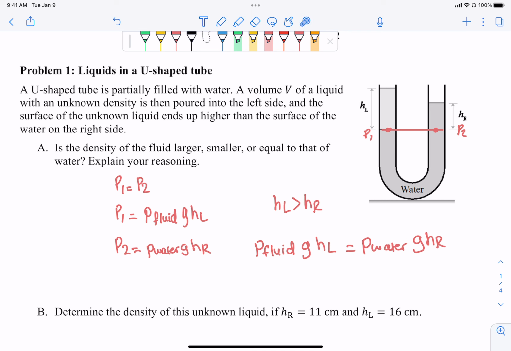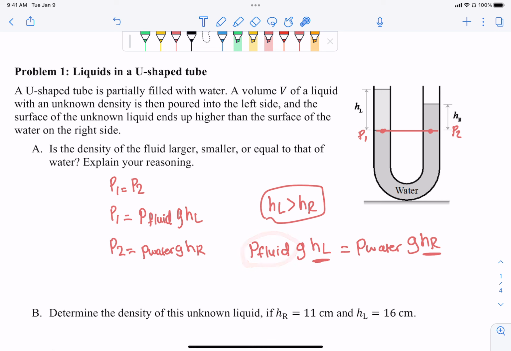So like you said, gravity will cancel out. They're the same, they're constant. So rho fluid times its height should be equal to rho water times its height. But we can clearly see here that the height on the left is greater than the height on the right. So if HL is greater than HR, then the fluid density would have to be smaller than the water density in order for these two to be equal.